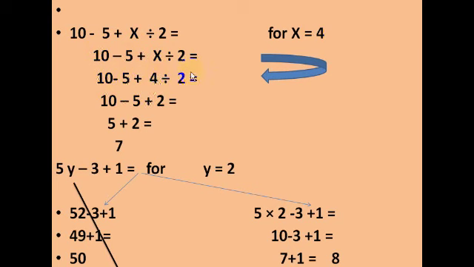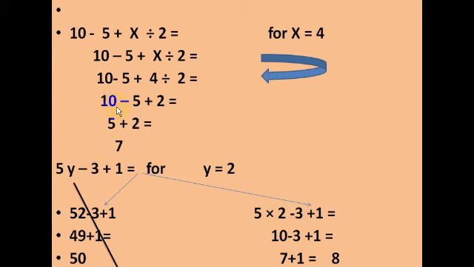Now let's continue. From here, we have to continue by following the order of operations to solve this expression. We have to start first with the division, because it's more powerful than addition and subtraction. It's in level 3. The addition and subtraction are in level 4. So we have to start with 4 divided by 2, it's 2. Then we have addition and subtraction in the same level.